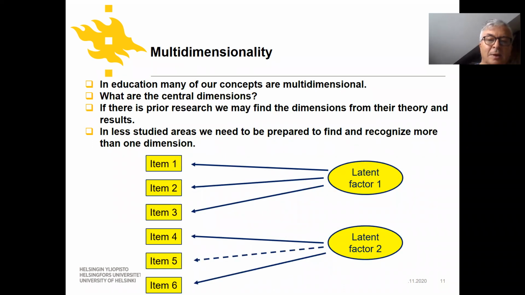Here again, you would have a different situation. You'd have some items that would be measuring well one dimension, and others would be measuring well another dimension.